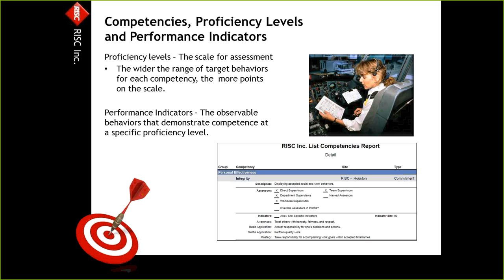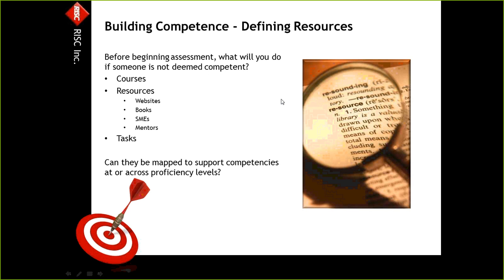And again, this is one of those things I've always found difficult in soft skills assessment, because you'll have competencies like effective communication skills, and it tends to be very subjective, at least compared to the technical training side of the world, where you can put some kind of performance indicator in that helps you drive a person to a particular proficiency level.